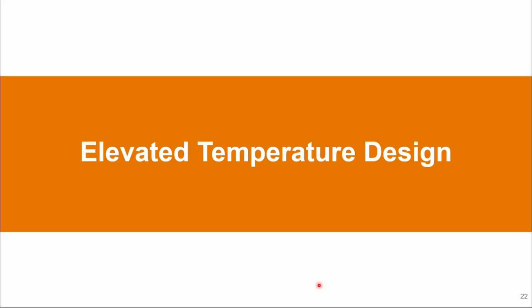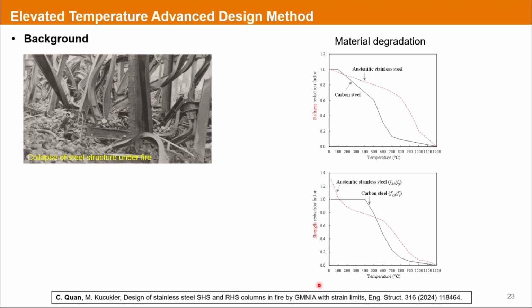Okay, next, this advanced design method also has been extended to elevated temperature structure design. In metal structures, we know that fire results in significant material degradation, such as the significant reduction in stiffness or strength for carbon steel or for stainless steel.